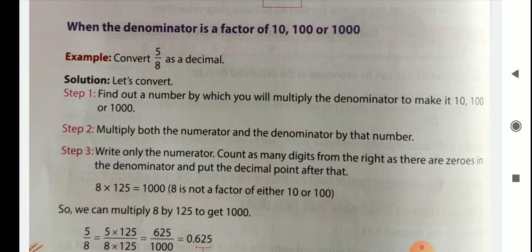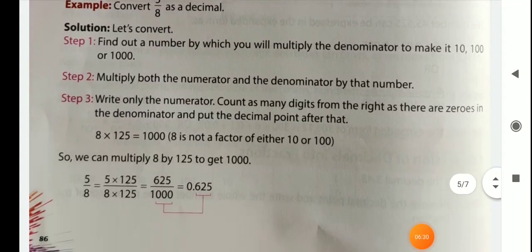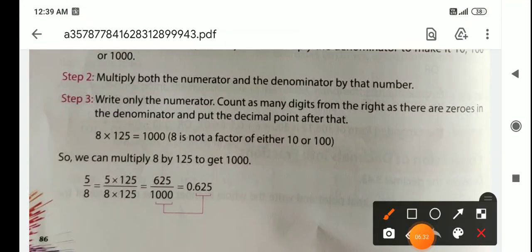Children, if we multiply 8 with 125, then we get 1000. Okay. Here you see 5 by 8 equals 5 multiplied by 125 over 8 multiplied by 125. Then we get 1000.